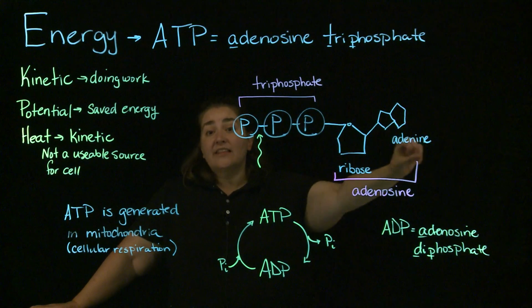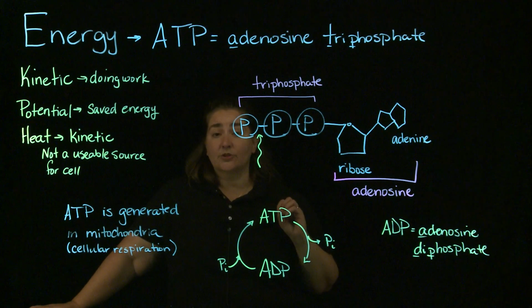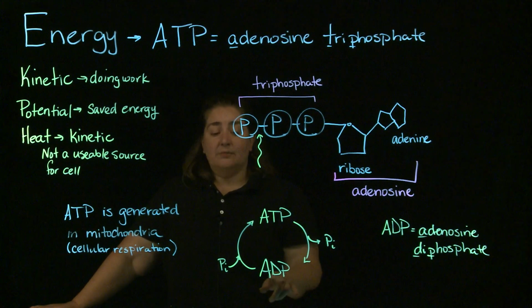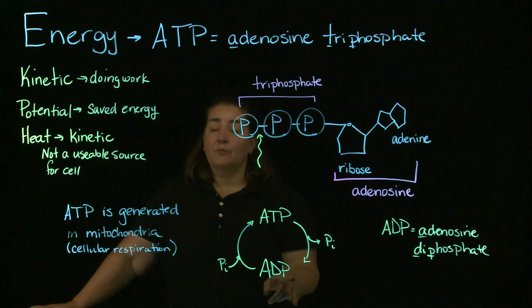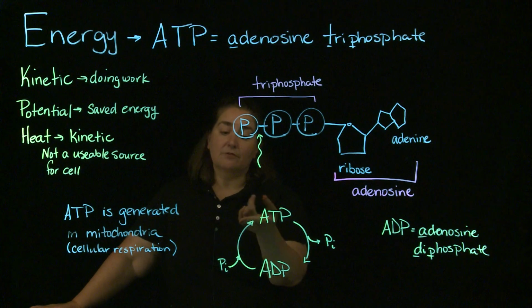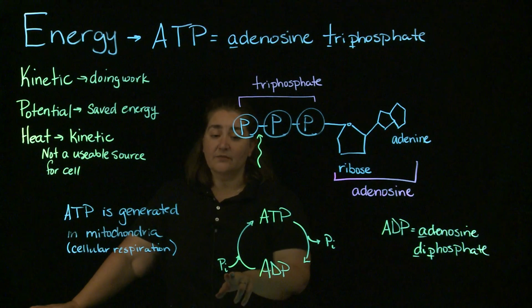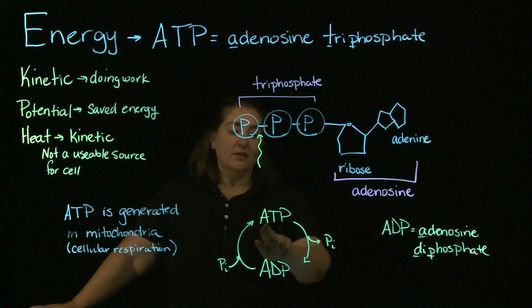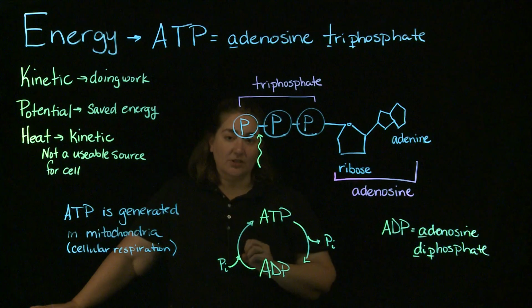That provides the energy for that chemical reaction to get something to move against a concentration gradient. The ATP becomes ADP, but then that ADP can be recycled back with a phosphate added in, back to ATP. So this is a circular reaction.